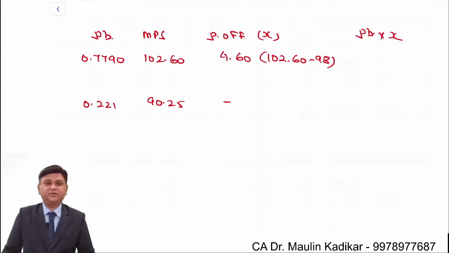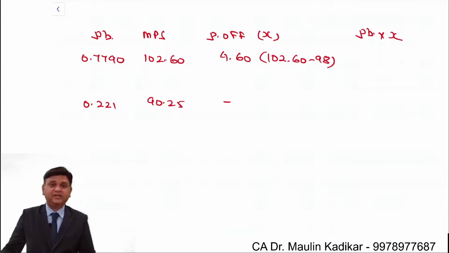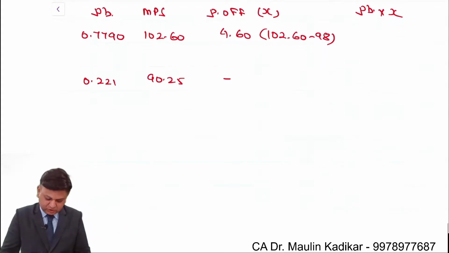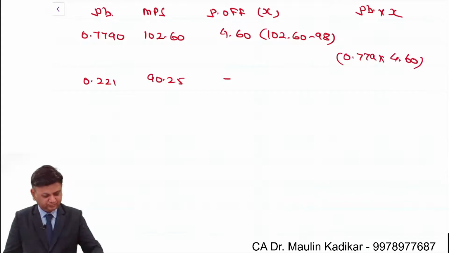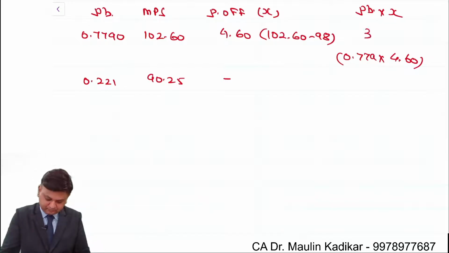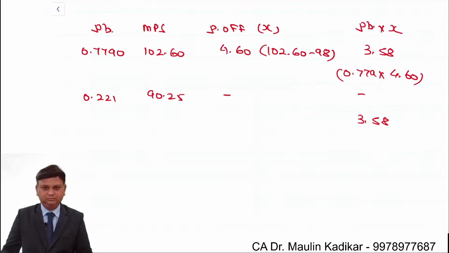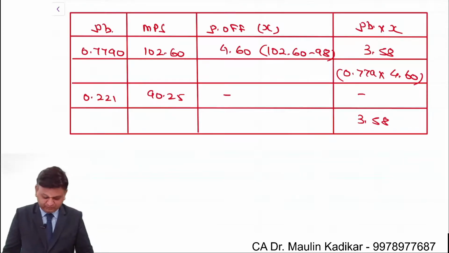With that, we'll make the computation of the expected payoff, and the present value of the same will be calculated. So here it is 0.779 into 4.6, that is 3.58, plus 0, which is 3.58.